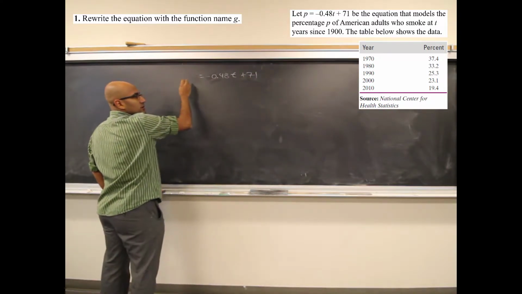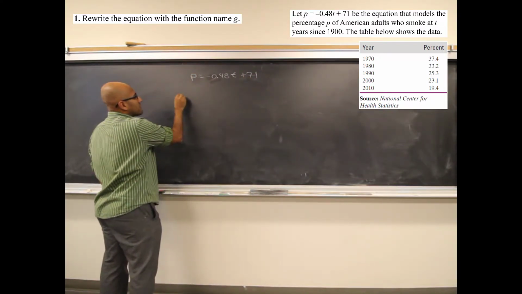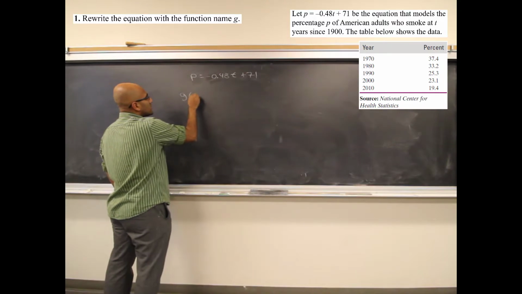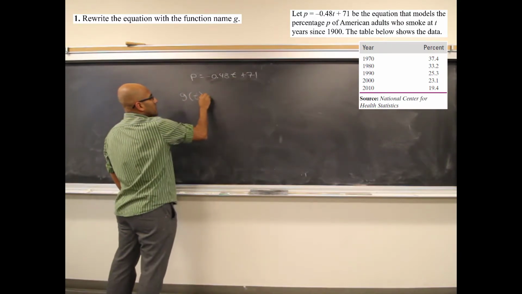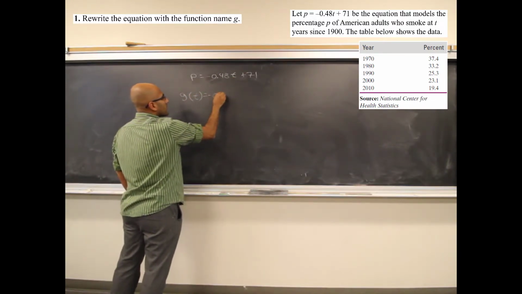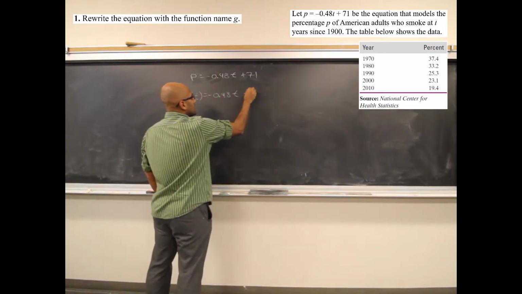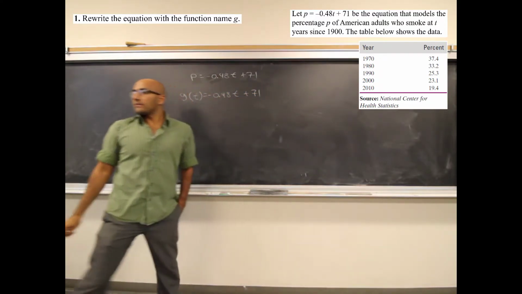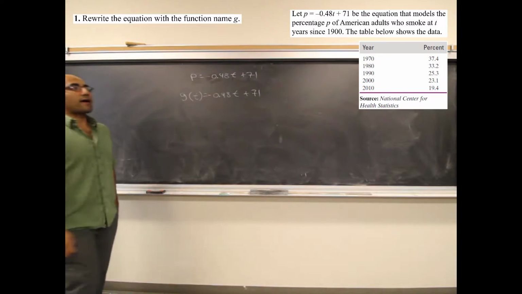So now in function notation, this will be g of t, the input variable, is equal to negative 0.48 t plus 71. So that's the function notation style of writing it.